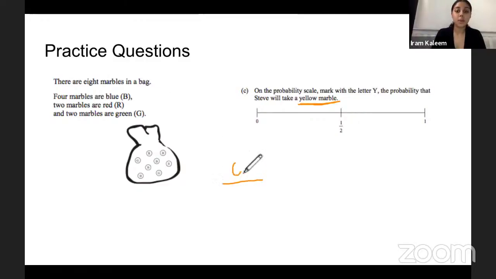So obviously we put a 0, and it's out of 8 possible outcomes. But regardless of what we have at the bottom, whenever you have 0 at the top, you get 0. So we mark this here. It's a probability of 0. The probability of picking a yellow marble. We can also say it's impossible. It's impossible to pick a yellow marble. So well done if you got that.